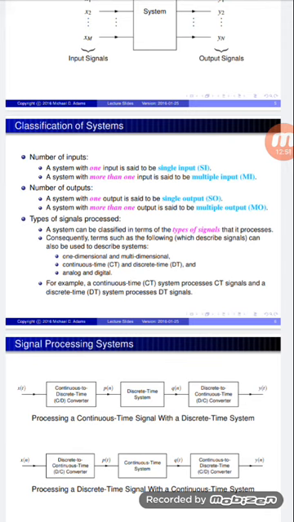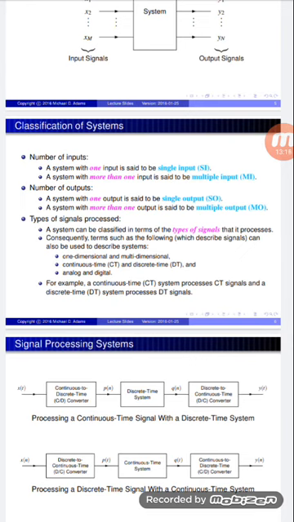Number of outputs: a system with one output is said to be single output, SO. This is the reverse of inputs. A system with more than one output is said to be multiple output, MO.